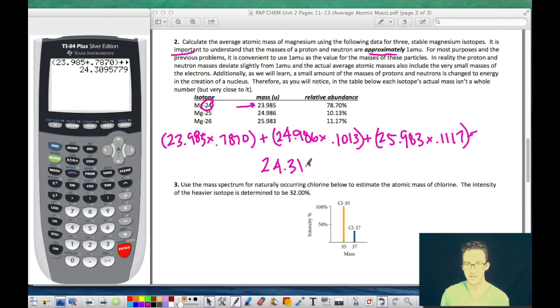Again, don't concern yourself too much with significant figures here. We got a lot of counted numbers, and we're just not going to concern ourselves too much with those significant figures in these calculations.